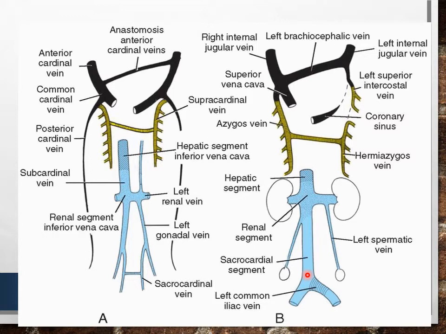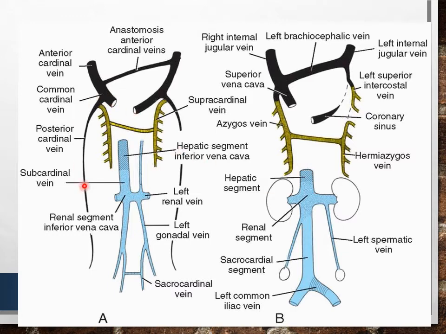So they join together and give rise to a single channel which has all these components. So far you understand that the inferior vena cava is going to develop from these three sources.